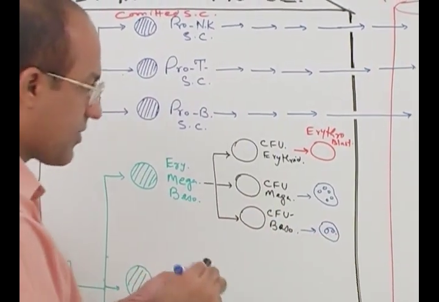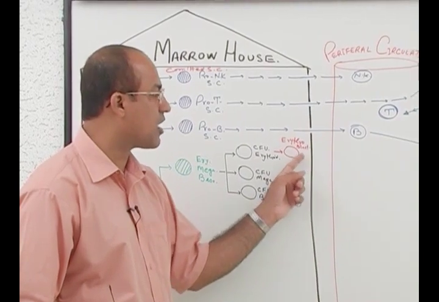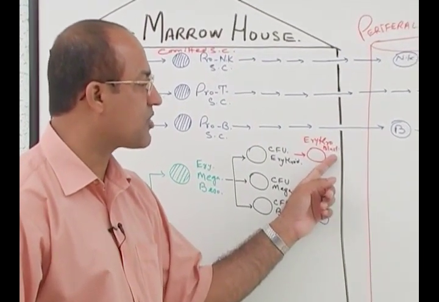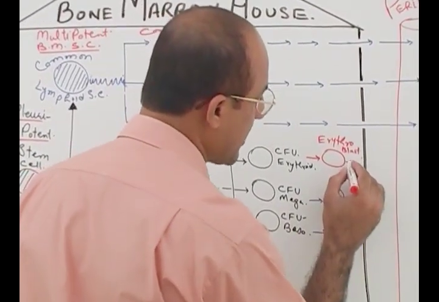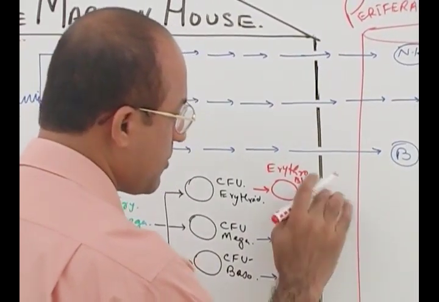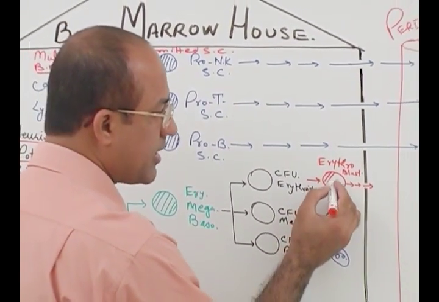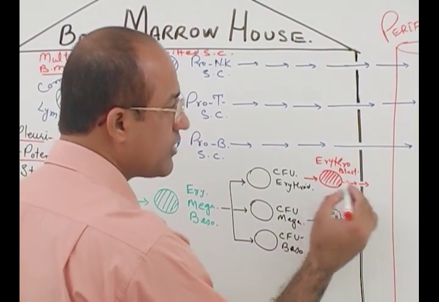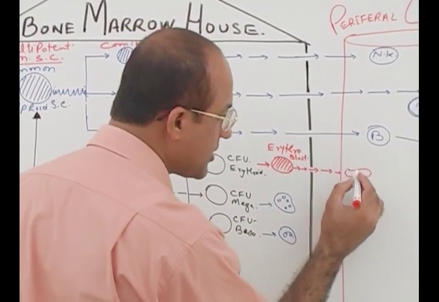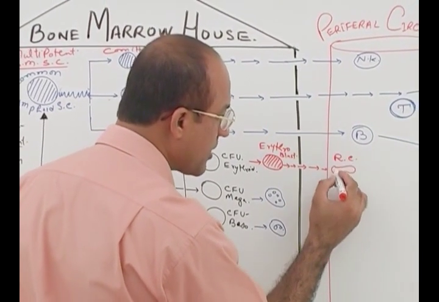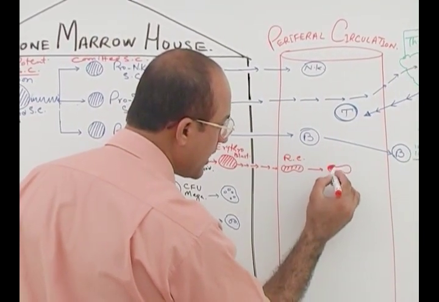Of course, erythroblast will pass through early normoblast, intermediate normoblast, normocyte, late normocyte, and reticulocyte. We'll discuss these stages later, especially when we talk about certain types of anemias and how the erythroblast cell works. So it will eventually produce fresh RBC, which is also called reticulocyte.